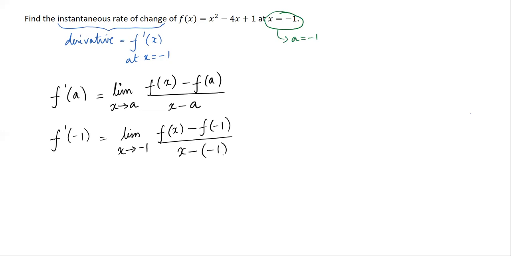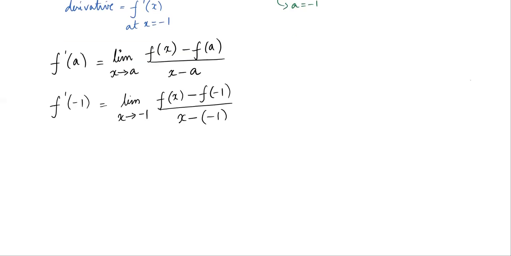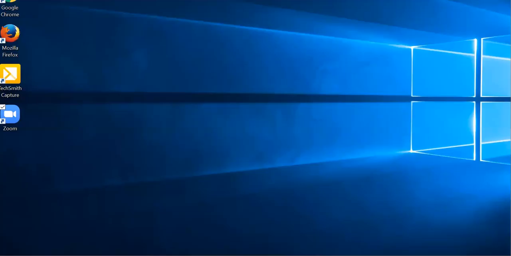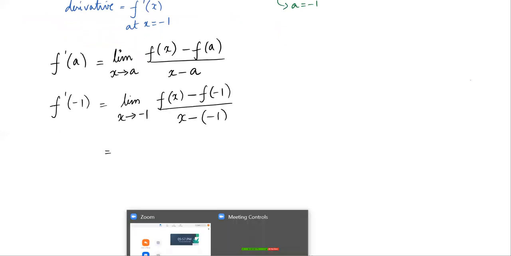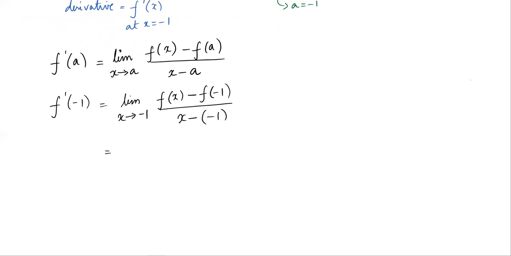So you have a double negative in the bottom. Okay. Limit x approaches -1. f of x is x squared minus 4x plus 1.